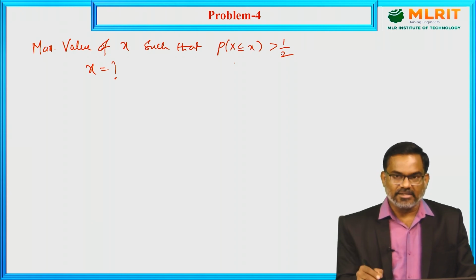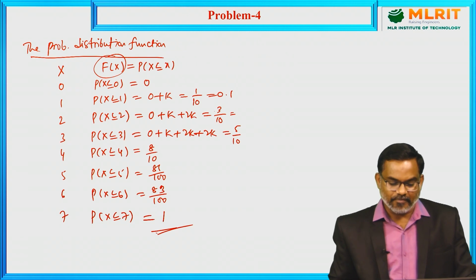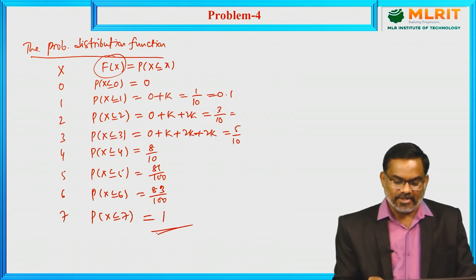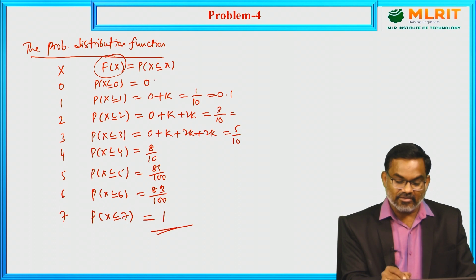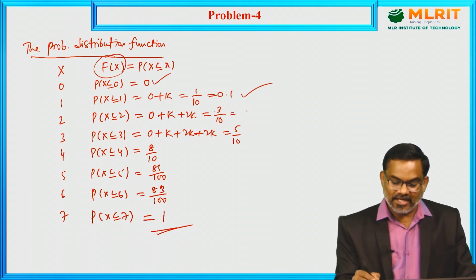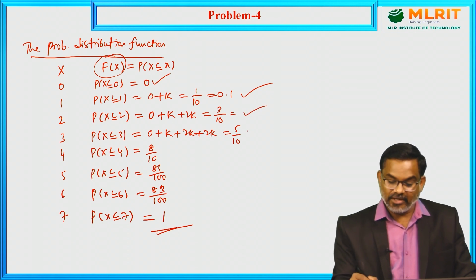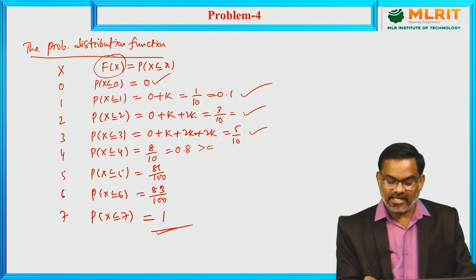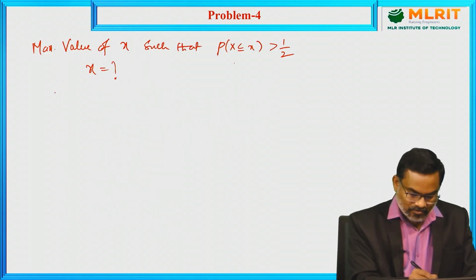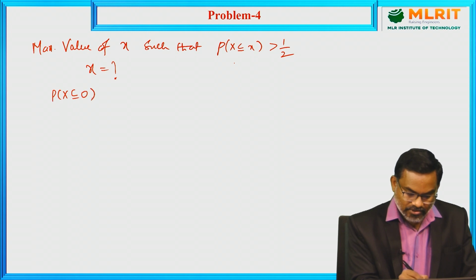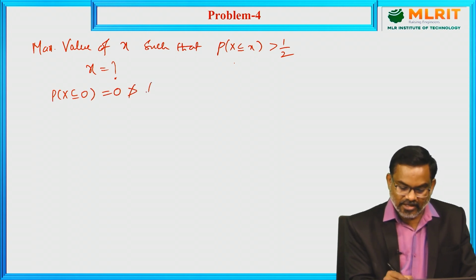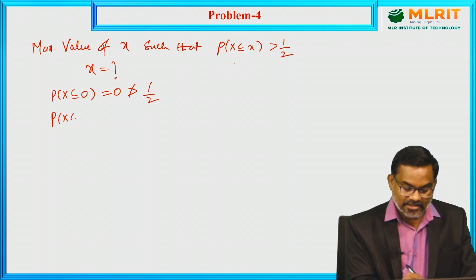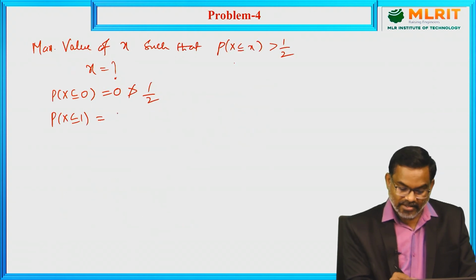To find this, we can use the previous probability distribution function. You see here, X less than or equal to 0 is 0, less than or equal to 1 is 0.1, less than or equal to 2 is 0.3, 3 is 0.5, whereas 4 is 8 by 10, which is 0.8. So, probability of x less than or equal to 0 is 0, which is not greater than 1 by 2. X less than or equal to 1 is 0.1, not greater than 1 by 2.